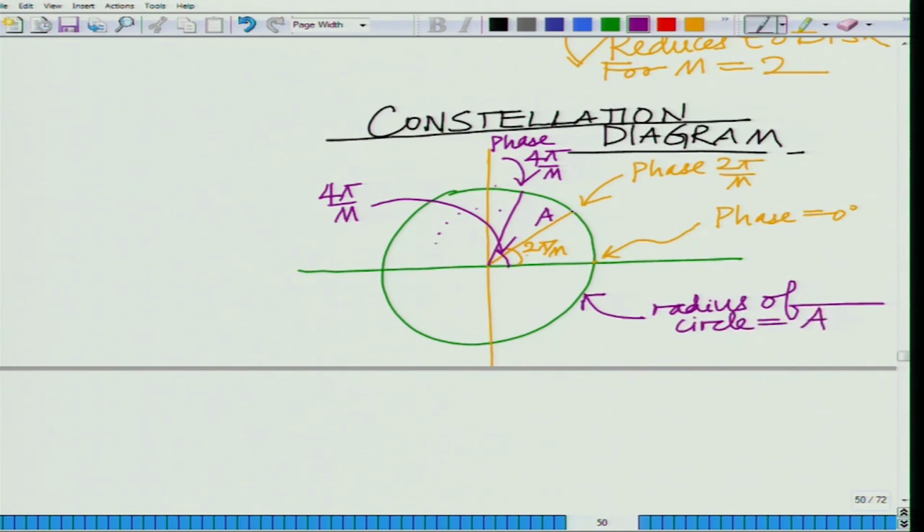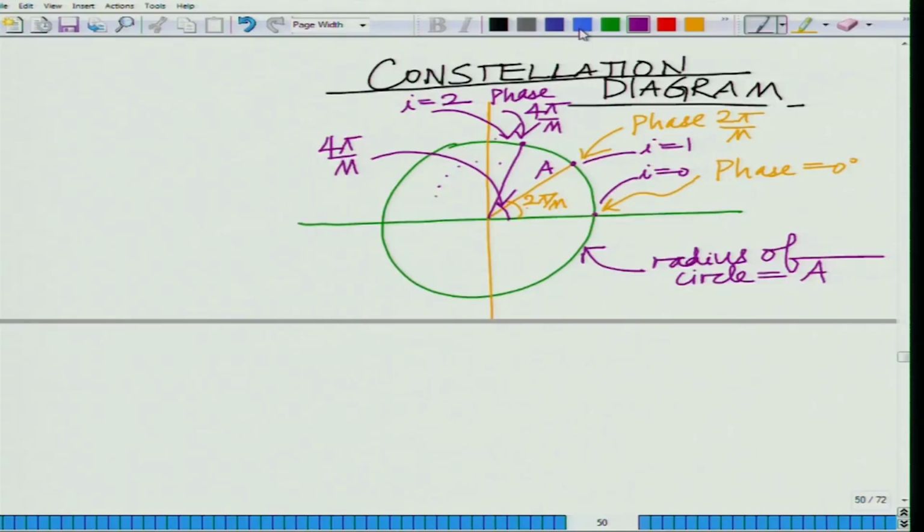This is the 0 constellation point corresponding to I equal to 0, this corresponds to I equal to 1, this corresponds to I equal to 2. So, the ith point, where I lies between 0 and m minus 1, is at a phase 2 pi I over m on the circle of radius A.